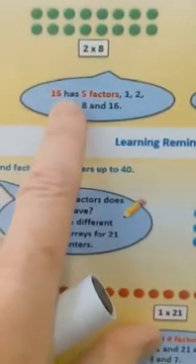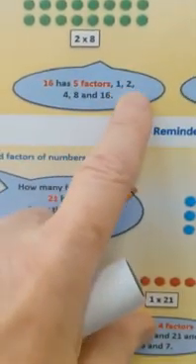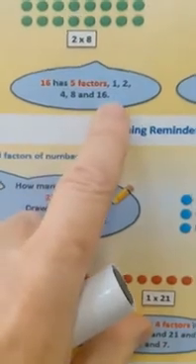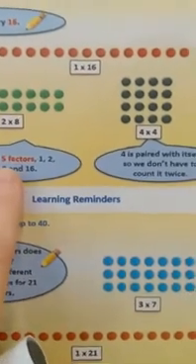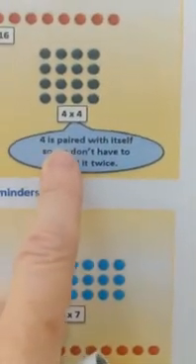So 16 has 5 factors: 1, 2, 4, 8, and 16. Because 4 times 4 is repeated, we only use 4 once. 4 is paired with itself, so we don't have to count it twice.